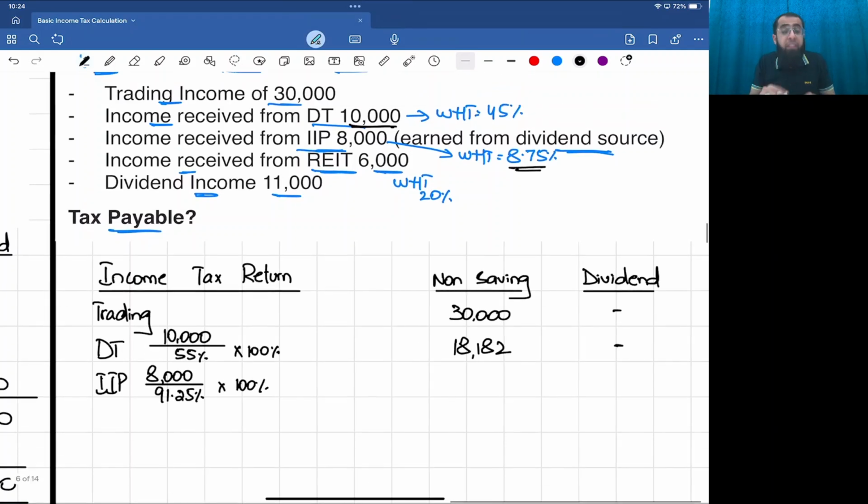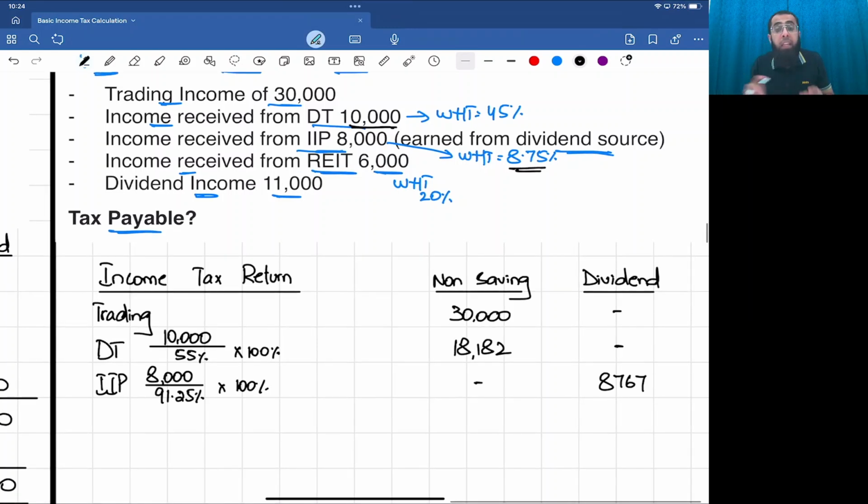If 8.75 has been deducted, the net amount will be 91.25%. So 8,000 divided by 91.25%. So it's 8767 and it will go in the head of dividend. If it's dividend source for the trust, the beneficiary will also put it in the dividend.